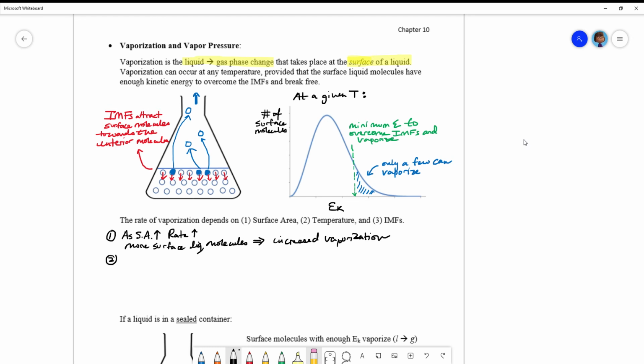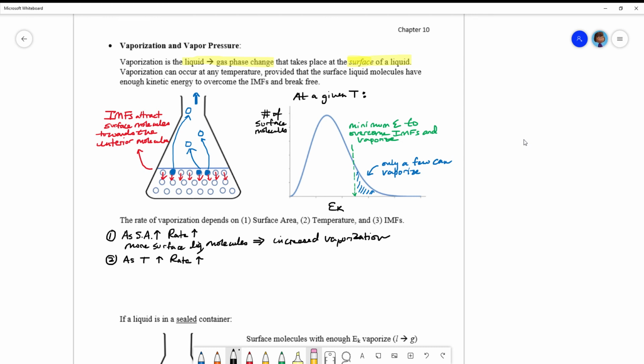Now, the second effect we're looking at is the effect of temperature. Once again, we're going to see that as temperature increases, the rate of vaporization again increases. Temperature is not changing the number of surface liquid molecules, but it will change how many of those surface molecules can escape.